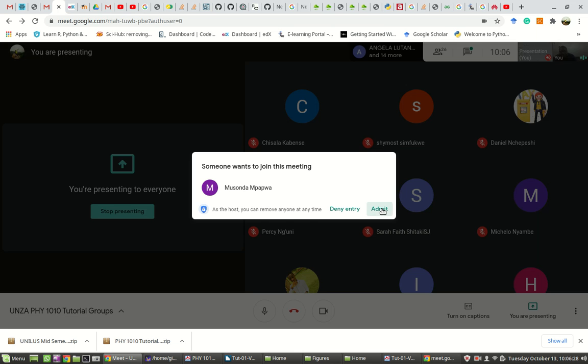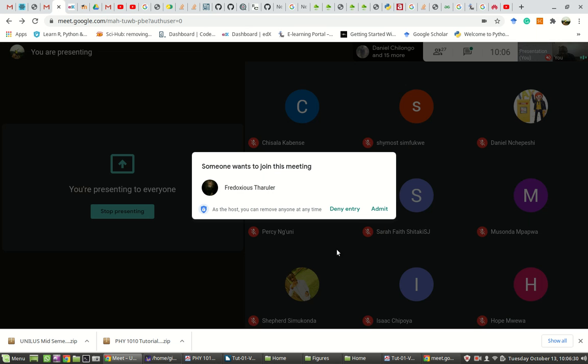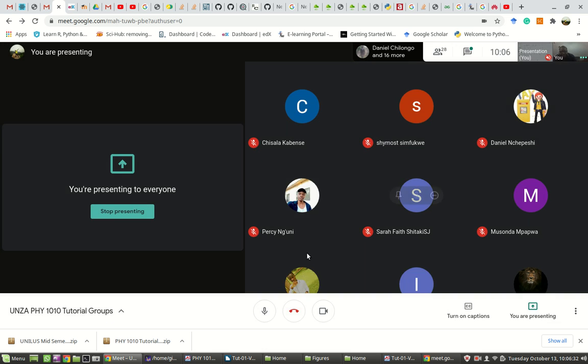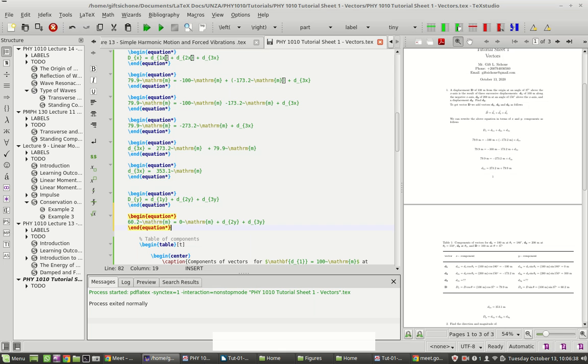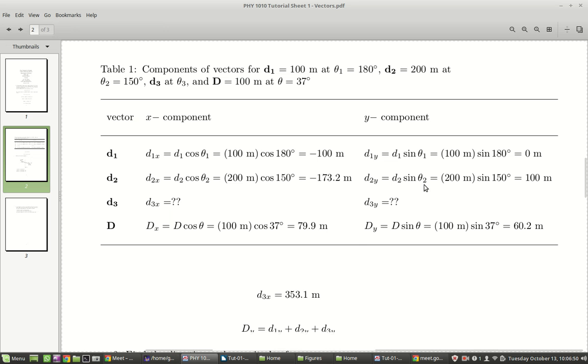Then d2y from the table is, as you can see here, 100 meters.